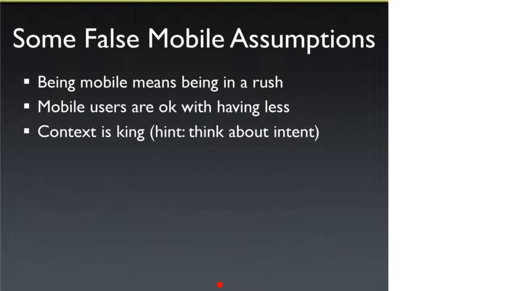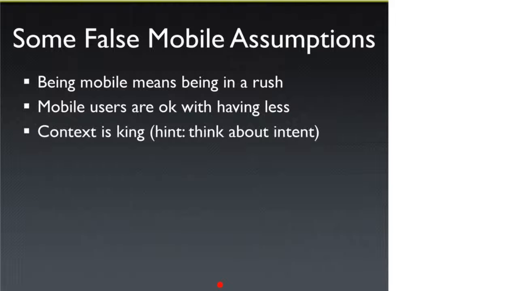Also, there's an opinion out there that mobile users are satisfied with less. You go to a website, you get a stripped down version of that website and the infamous "click here for full version" or "click here for desktop version." And that's a cop-out. I think we have to deliver everything that we deliver on the desktop to whatever device our students are accessing your content with. And finally, context is king, meaning that early on in mobile design, people were thinking, well, you're looking for a restaurant when you're in the middle of a sidewalk, trying to guess the context.